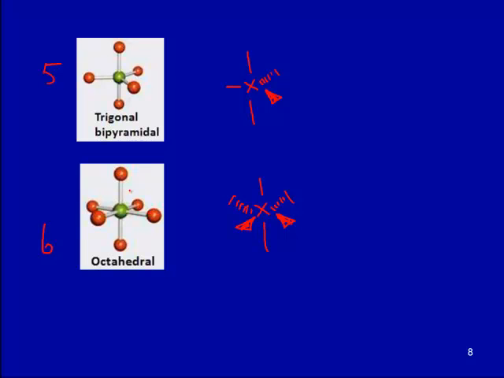You have 4 triangles to cover it, and you have 4 on the top, 4 on the bottom, so you have 8. So to form the shape of this, it will be octahedral.